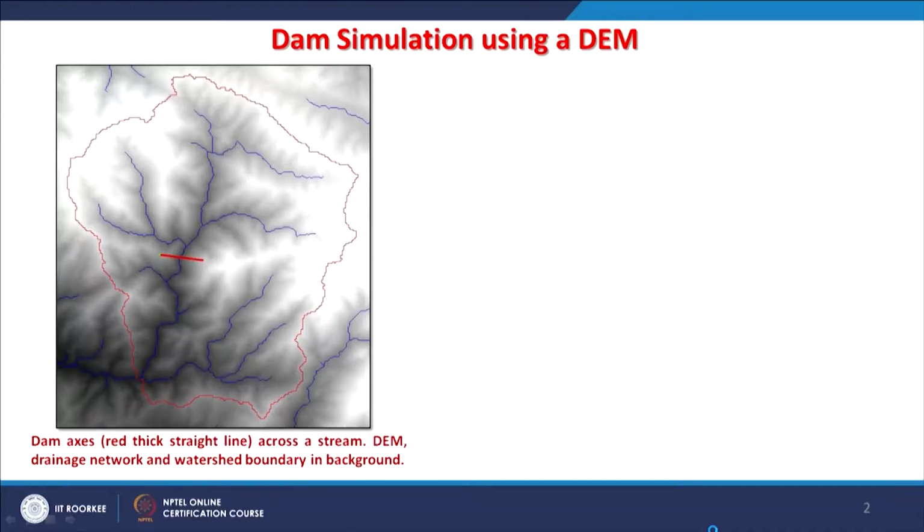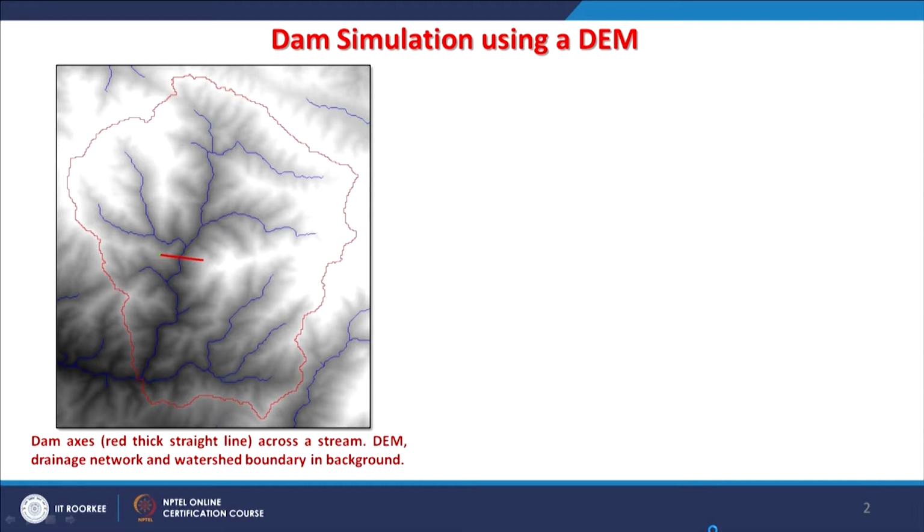So, this is what we are going to discuss, the application part as well. This dam simulation we have seen through a demonstration also, but very briefly I will touch on it here and then we will discuss the groundwater part. As you will see, the main input in dam simulation is a digital elevation model. That topographic surface will help us find various options or scenarios along a channel or in a watershed or a basin.